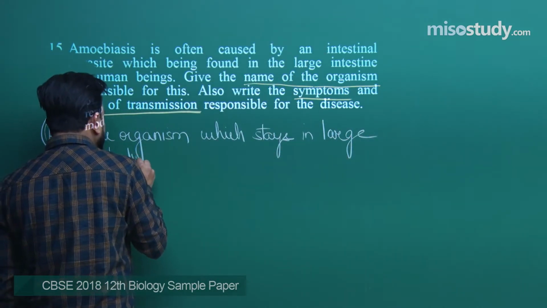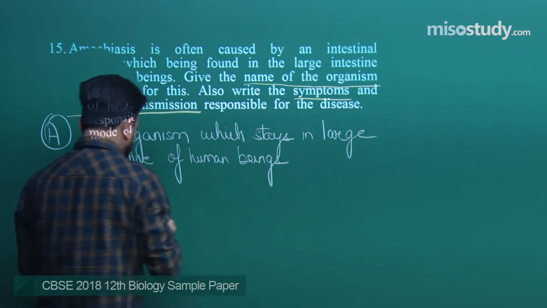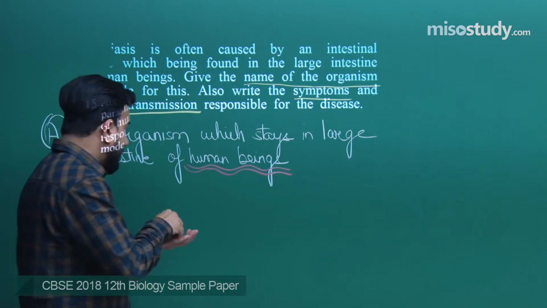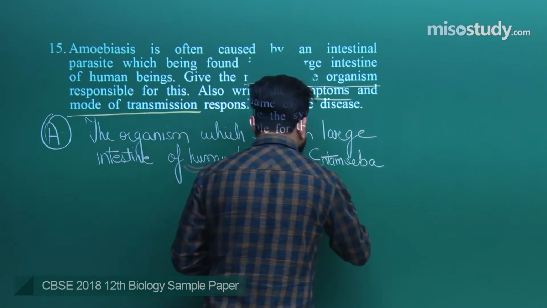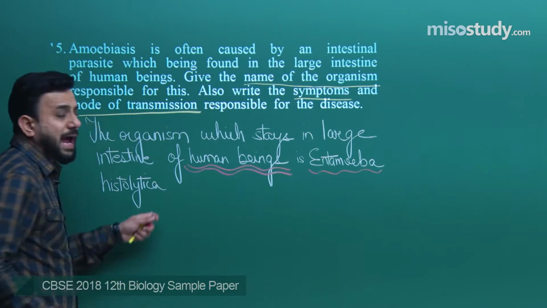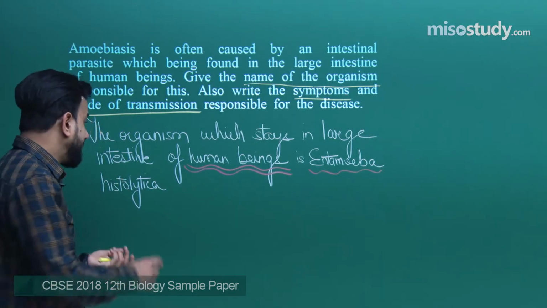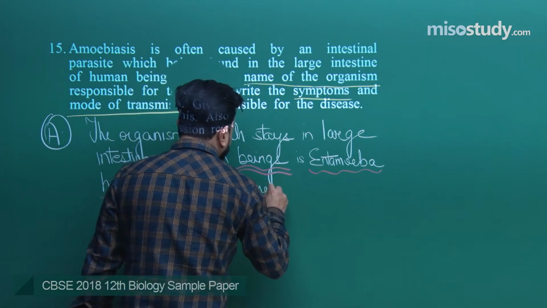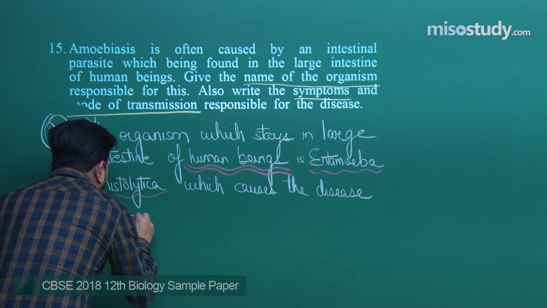The organism which stays in the large intestine of human beings is Entamoeba histolytica, and it is this organism which causes the disease called amoebiasis, also called amoebic dysentery.